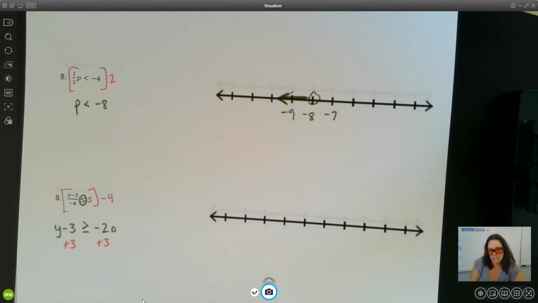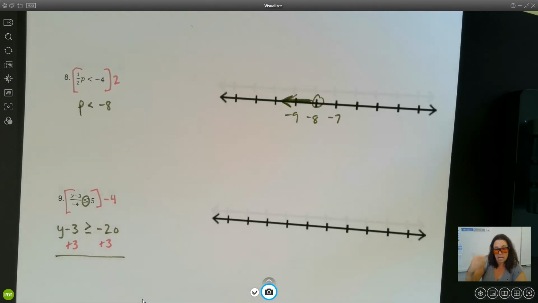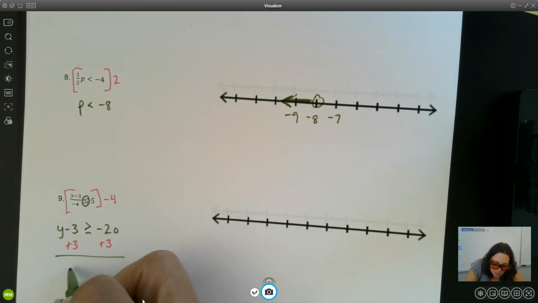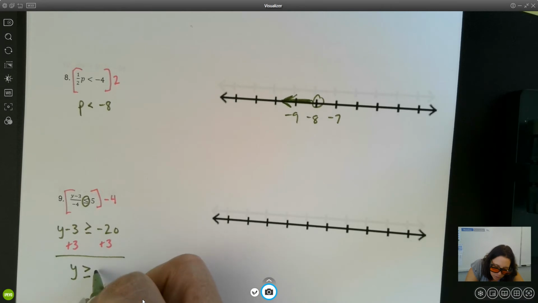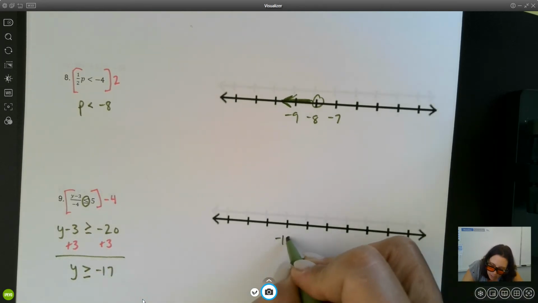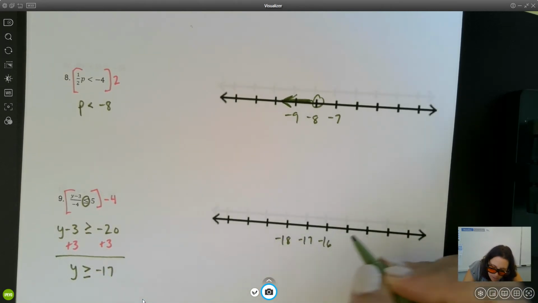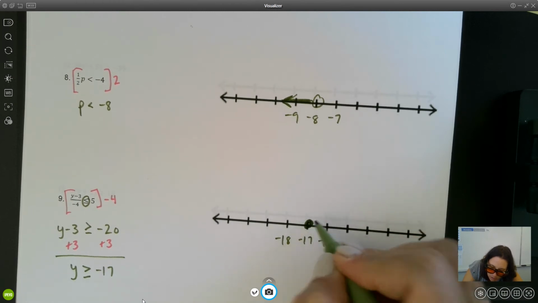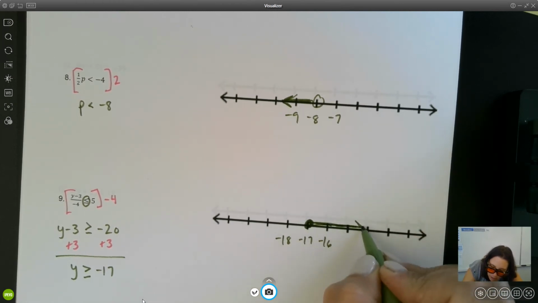Remember, we didn't do anything with flipping inequalities with adding or subtracting from the last lesson. It's all about that multiplying or dividing. So y is greater than or equal to -17. So -18, -17, -16, solid circle, shaded right.